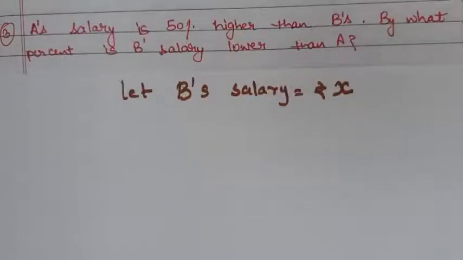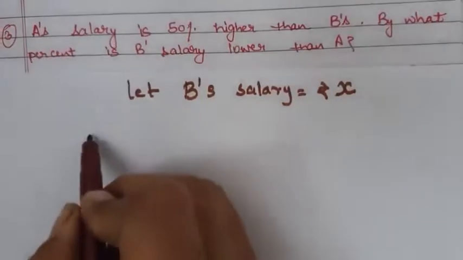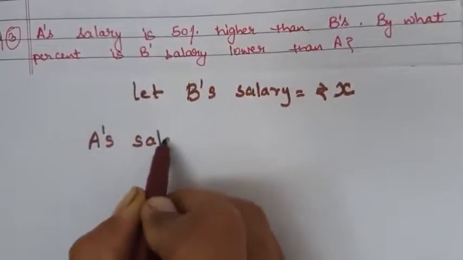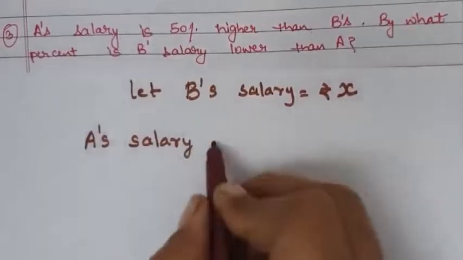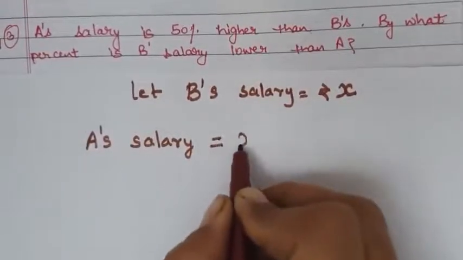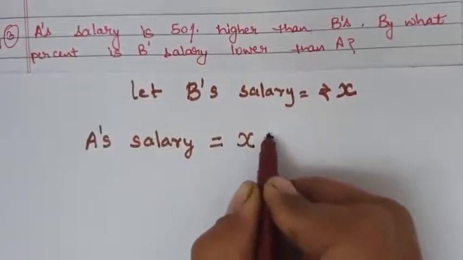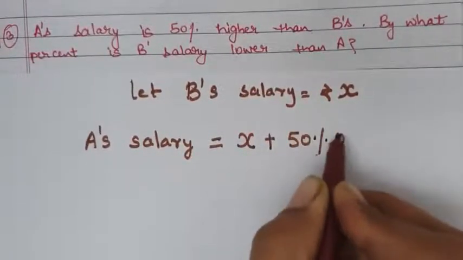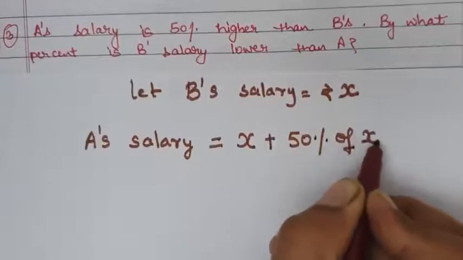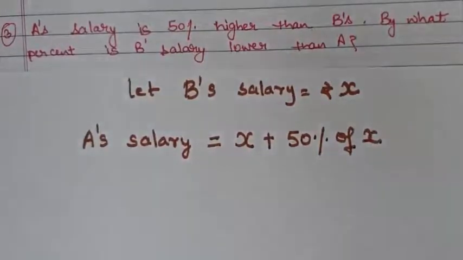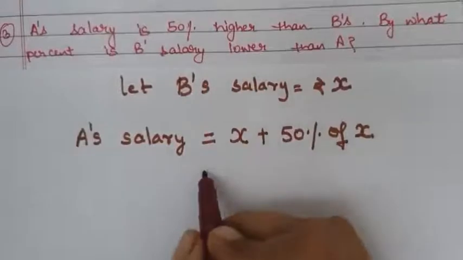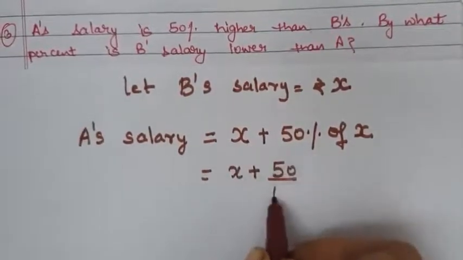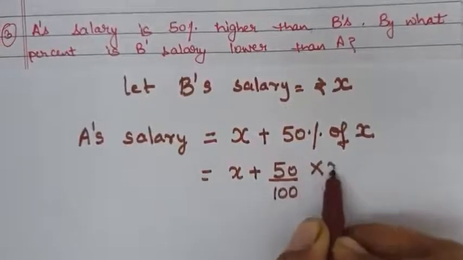Means from this statement, A's salary will be B's salary plus 50% of B's salary. Clear? So now X plus 50 upon 100 multiplied by X.